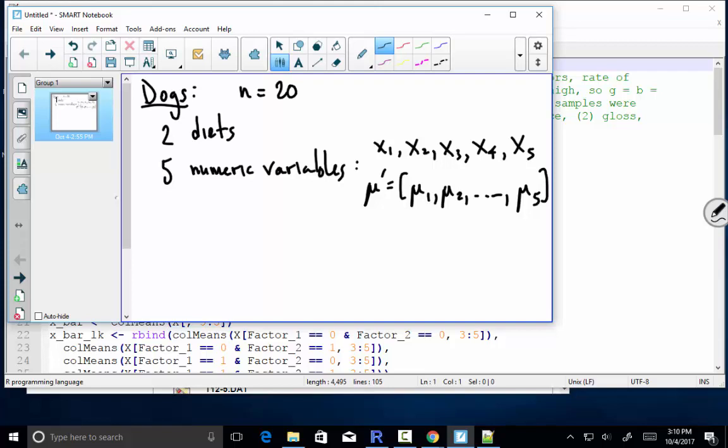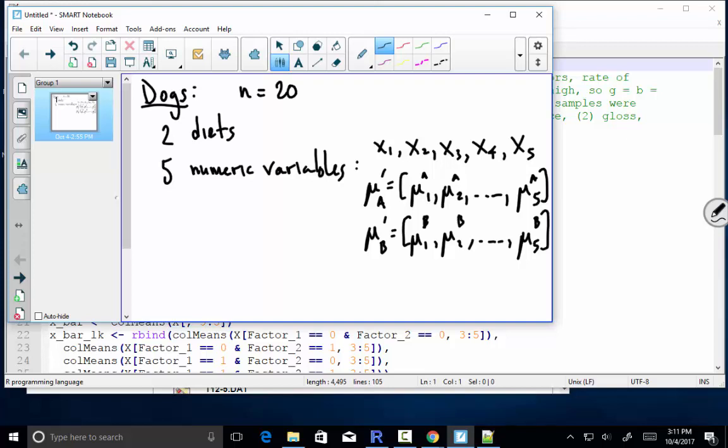In fact, we may want to specify there's a mean in diet A and a potentially different mean in diet B. So a natural way to do inference would be one or the other or both of a hypothesis test and a confidence region or a set of simultaneous confidence intervals.